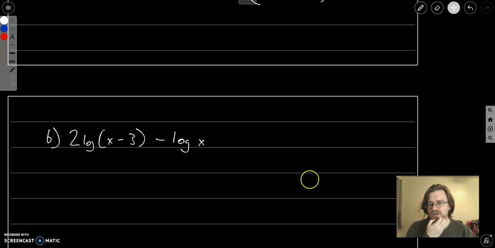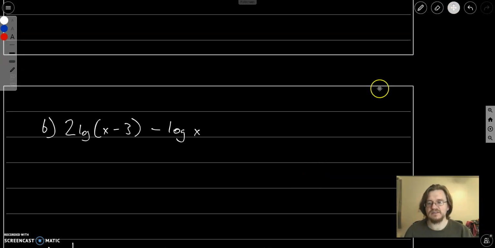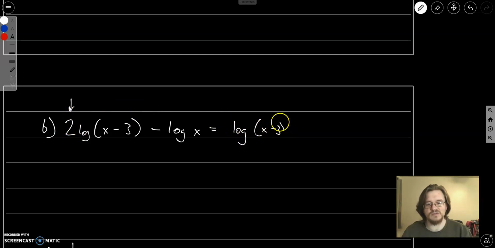Let's do another one. So here we've got 2 times the log of x minus 3 minus log of x. Well, again, we have this coefficient out front that's not a 1 or a negative 1. So I've got to get rid of this. So again, I'm just going to pull it up top. So we'll write this as log of x minus 3 squared minus the log of x.